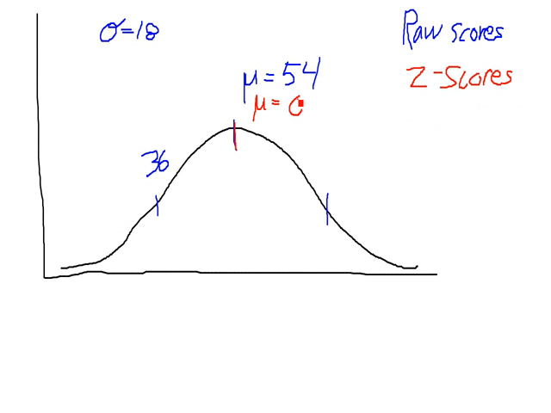A z-score of 0 corresponds to the mean. The z-score over here is going to be -1 because that's 1 standard deviation below the mean. The standard deviation of a distribution of z-scores is exactly equal to 1. But we're not dealing with different scores.